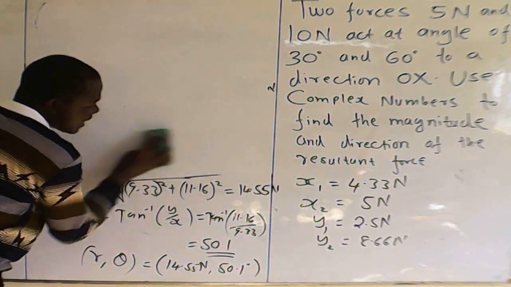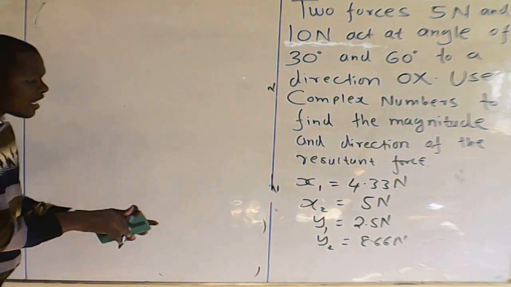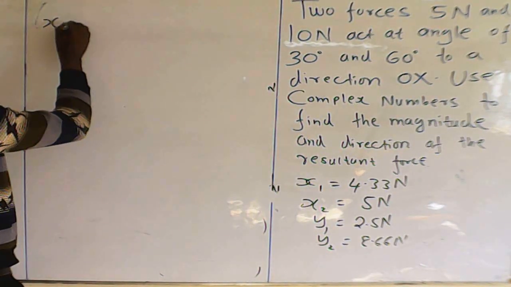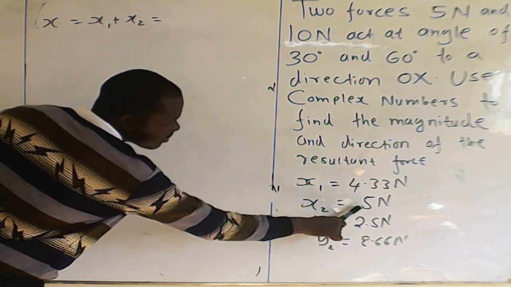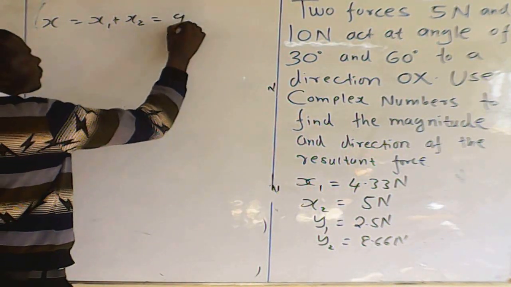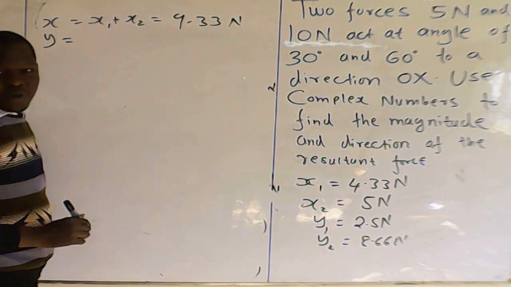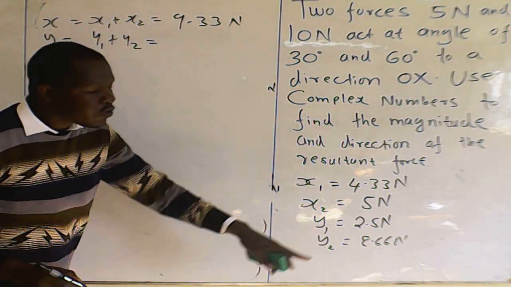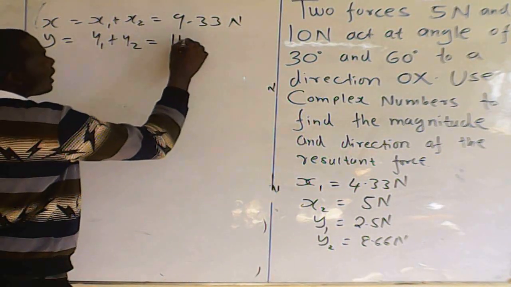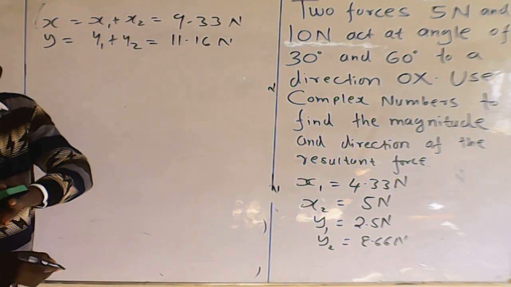You found the resultant x by adding x1 plus x2, which you found to be 9.33 Newton, isn't it? And you found the resultant y by adding y1 plus y2, which you found to be 11.16. So you can see x and y are Cartesian complex numbers, isn't it?